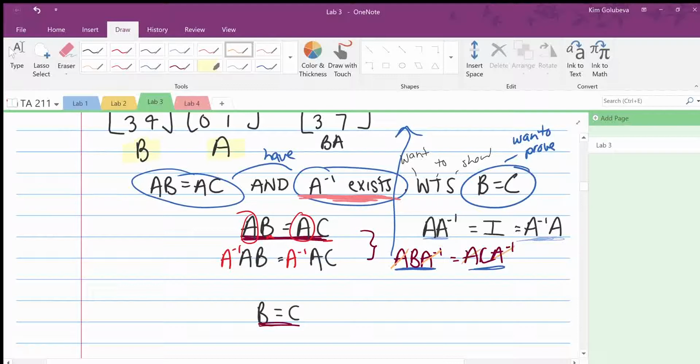It doesn't work like that. If you want to cancel out the A and the A inverse, they must be right beside each other.